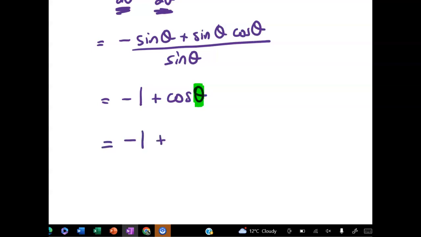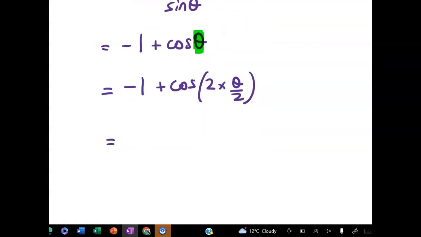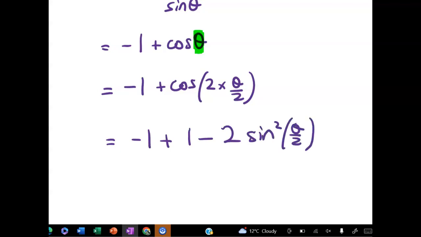A few of you are probably thinking it's really obvious, well, you need to make it even more obvious. So we'd start out by saying this, and now we want to end up with the negative 2 sine squared. The version of the identity we're going to use is 1 minus 2 sine squared of theta on 2. So as usual, always look at where you're trying to get to. And then we're done.